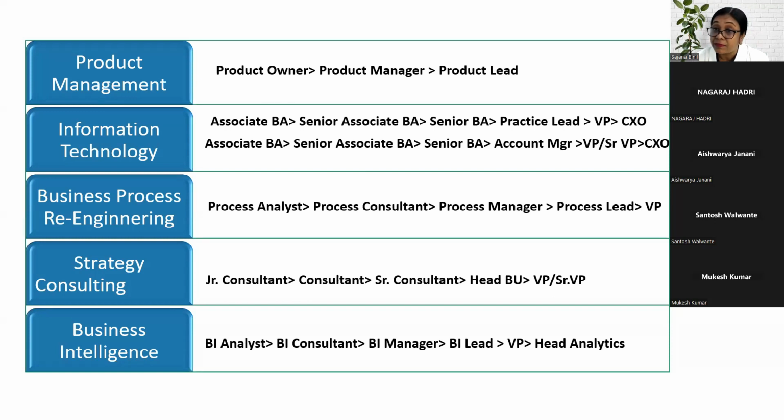Like I said, business analysts are called differently in different industries and sectors. In the business intelligence space, you can join as a BI analyst, then move into a BI consultant, BI manager kind of role, and eventually start heading an analytics division. This is the general progression that you will see in a BA's career, depending upon the area of specialization he or she chooses.